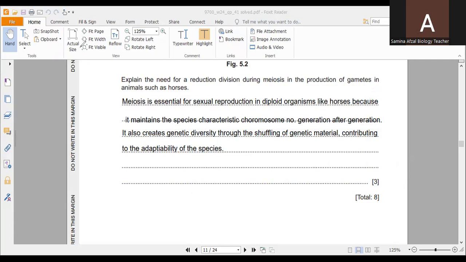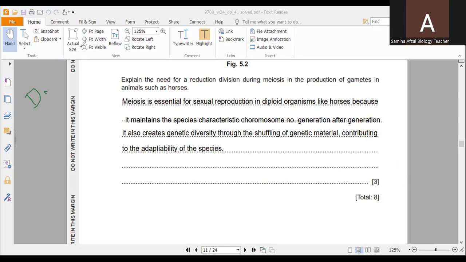What happens if the chromosome number is changed? The species characteristics will be changed. Horses have the diploid number, two sets of chromosomes, so all somatic cells will have the diploid number of chromosomes.